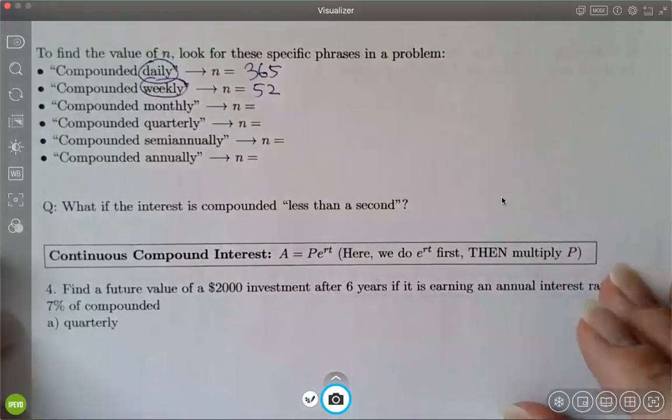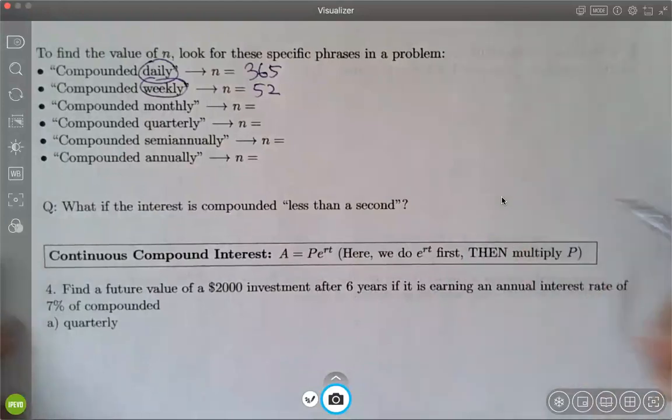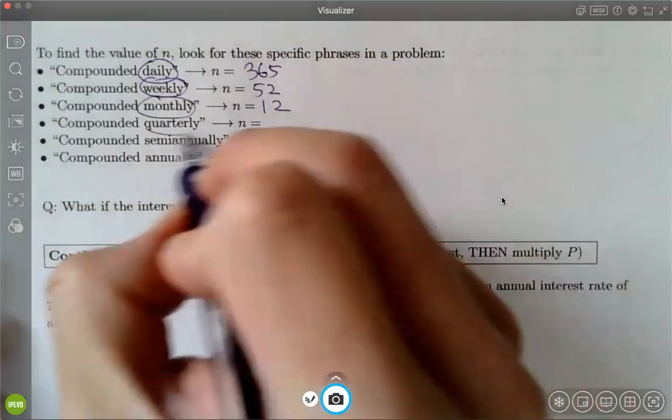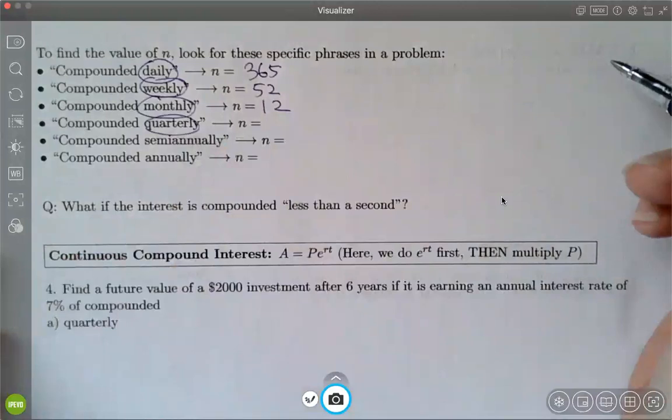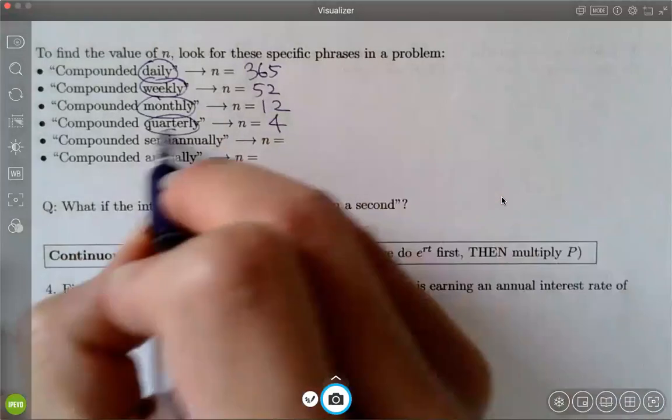Anyways, compounded monthly. That means n is equal to 12. Now, compounded quarterly, what should n be? 4, right? It's not 3, even though there are 3 months in a quarter. And now, semi-annually. What does semi-annual mean?